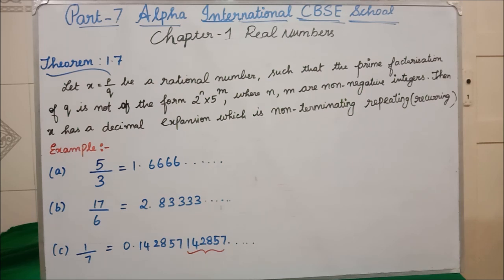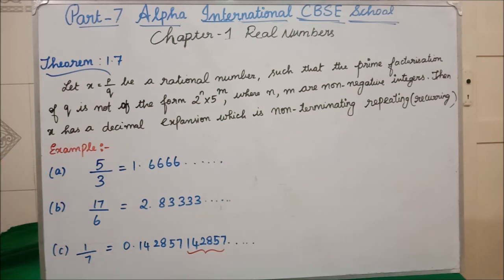Now in theorem 1.7, they are saying that the denominator part q should not be in the form of 2 power n into 5 power n, which means the decimal expansion is non-terminating repeating or non-terminating recurring, you can say. Clear the difference between theorem 1.6 and 1.7? If we do the problem it will be more clear. Let us see the example now.